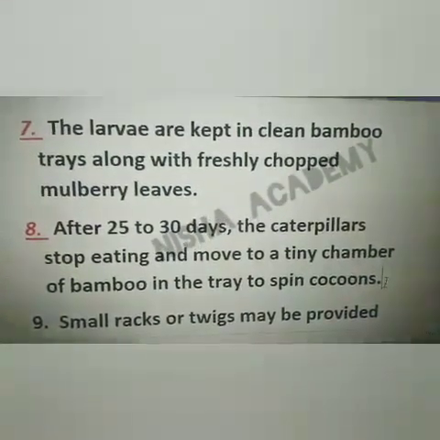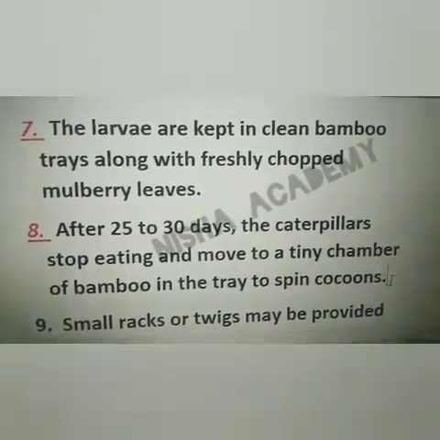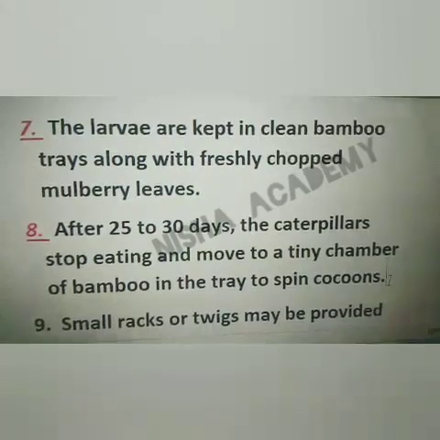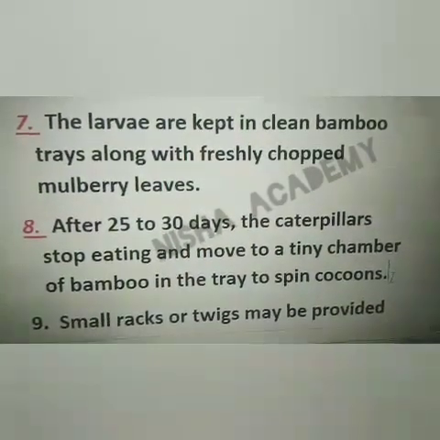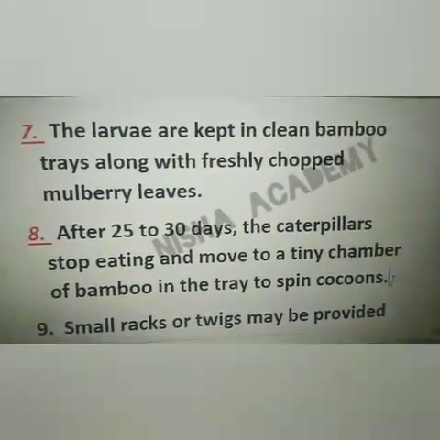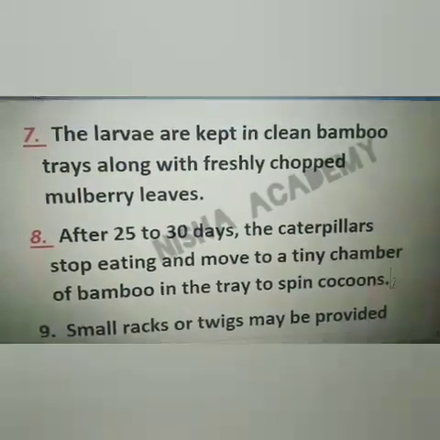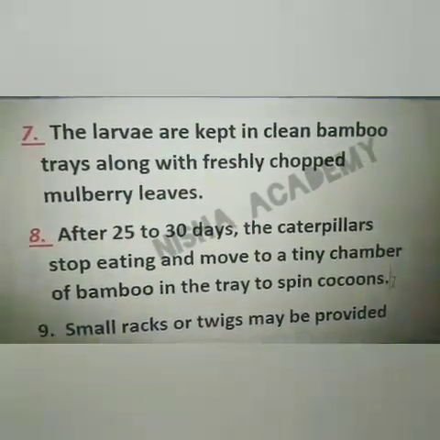These larvae or caterpillars are kept in clean bamboo trays along with freshly chopped mulberry leaves so they can eat. After 25 to 30 days, the caterpillars stop eating and move to a tiny chamber of bamboo in the tray so they can spin cocoons.